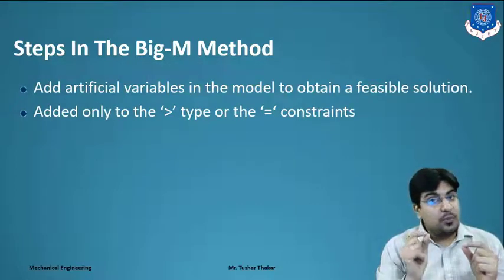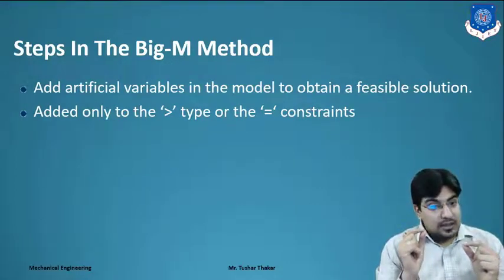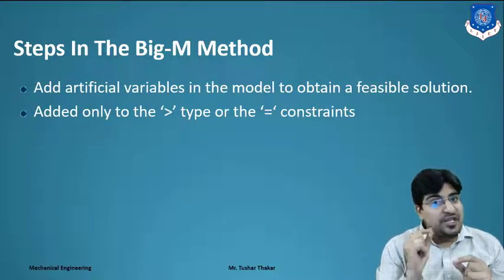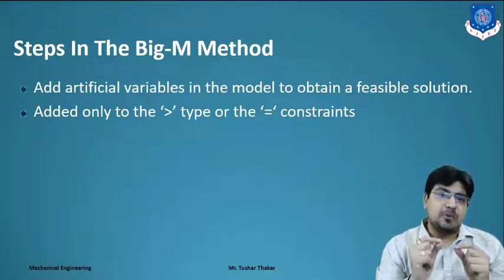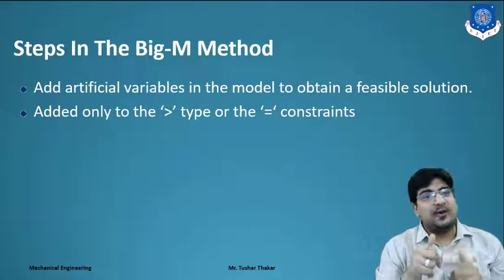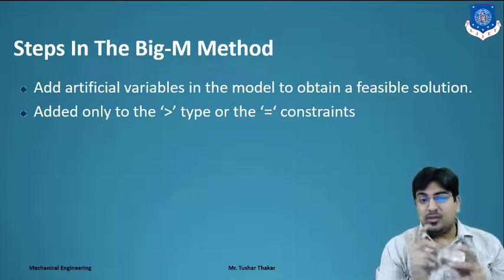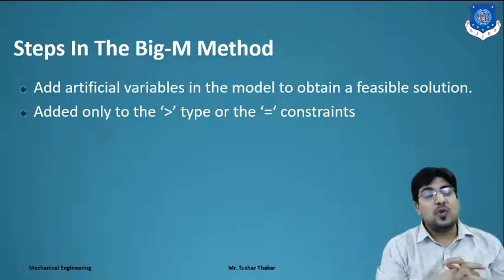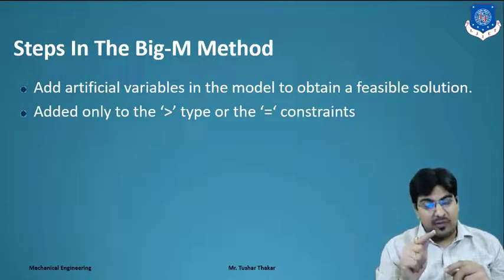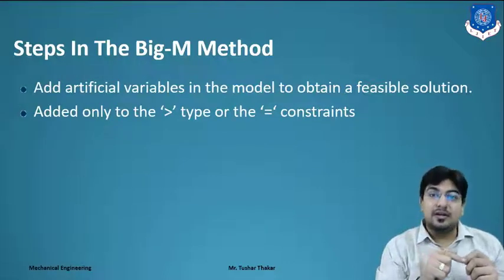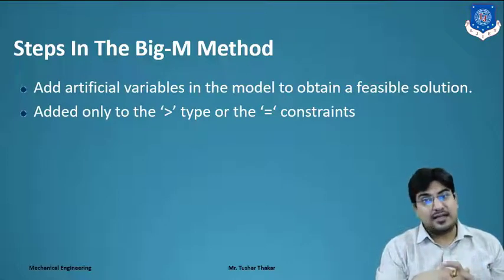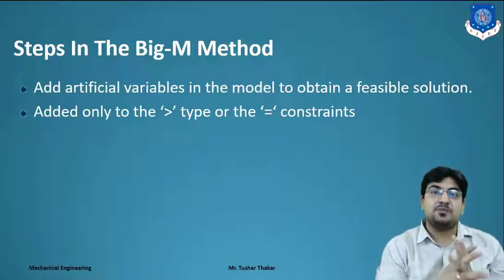This is an important step, and most people make mistakes here and fail to solve the problem. Where we have to add the artificial variable is where we have a greater than or equal to sign, or an equal to sign, in the constraint at the RHS part.